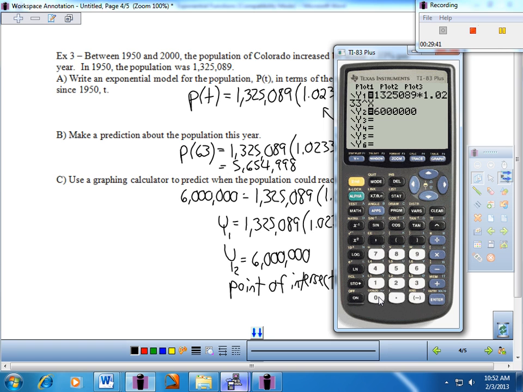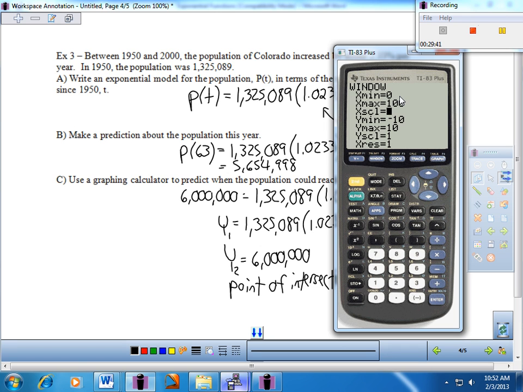Looks good. Now don't just hit graph because that wouldn't make a whole lot of sense. Again, think about it. X is the number of years. Y is the population. Now we are only obviously talking about the future here, so I'm going to start at 0 even though we probably shouldn't even do that. And I mean, we're already above 5 million. I'm going to go 100 years out. I don't think we have to go that far.